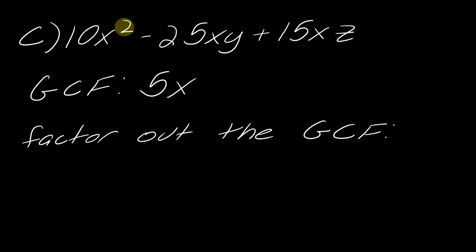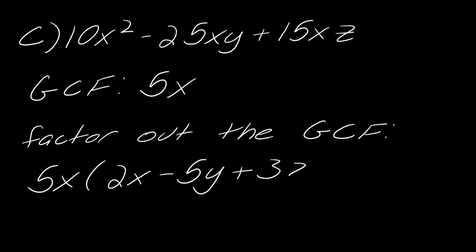If I tried to factor out, say, 5x squared, that would be difficult here because this only has one x. You'd be dividing by this extra x, if that makes sense. So I'm going to write this out, 5x, and then I've got 2x minus 5y plus 3z. And so there is your factorization.